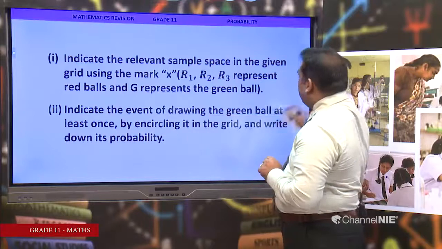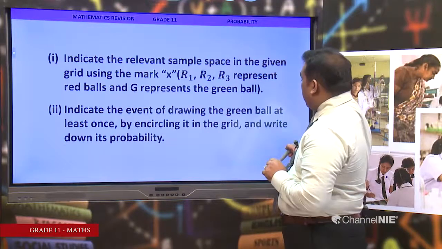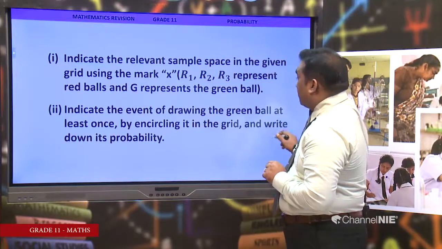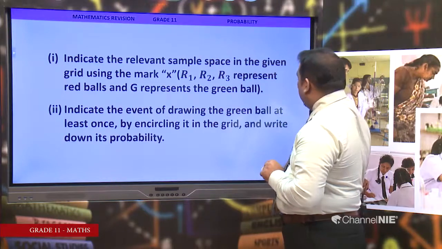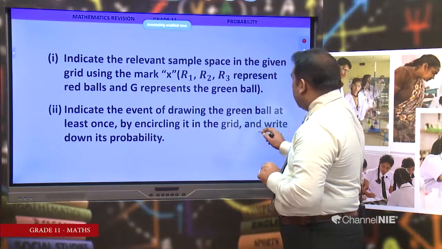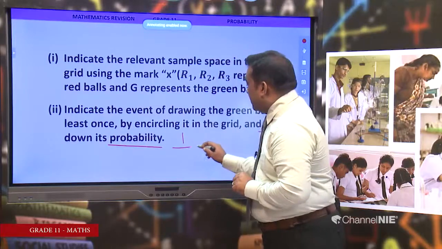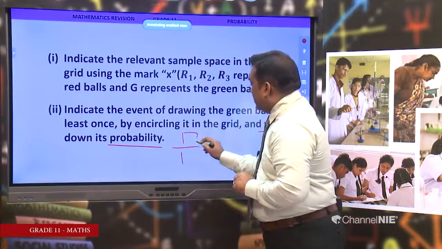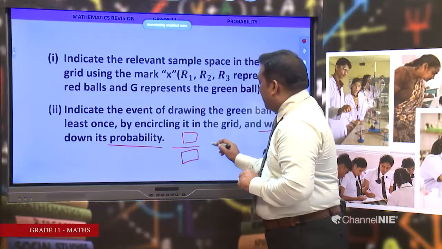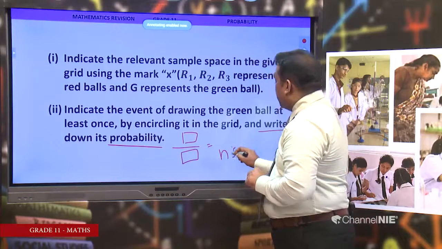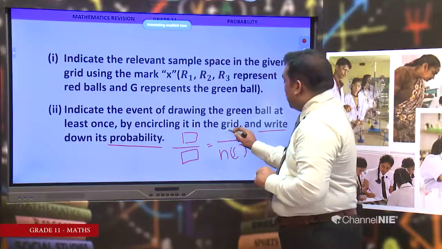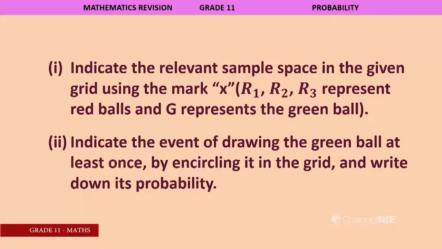Right, we'll see it. And write down the probability. Probability is a fraction, a number over another number. Here you know the number of elements in the sample space, and here you can put the number of elements in the corresponding event.